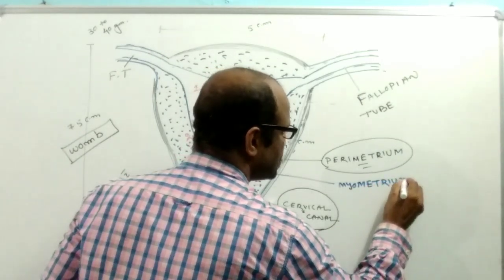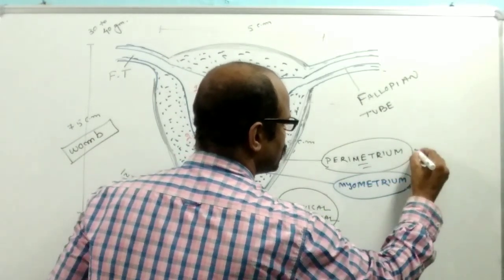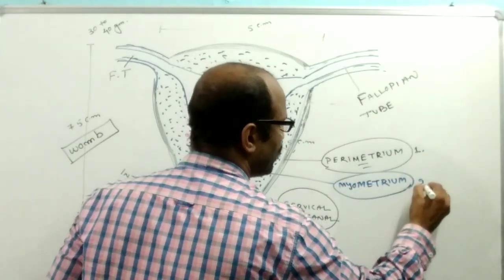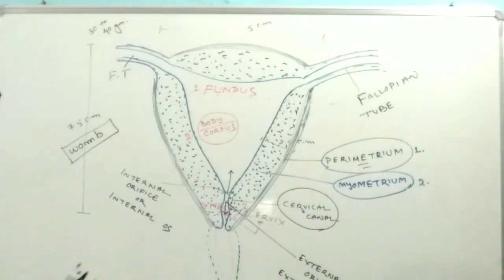So the outer layer is the perimetrium and the middle layer is the myometrium.